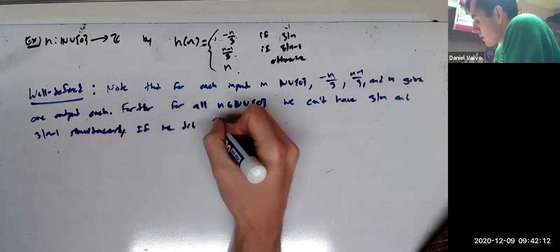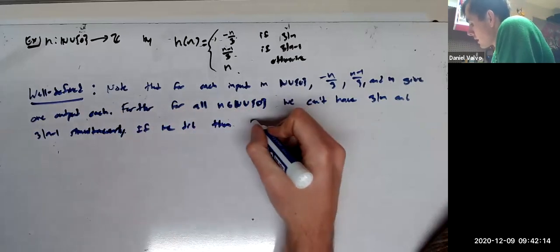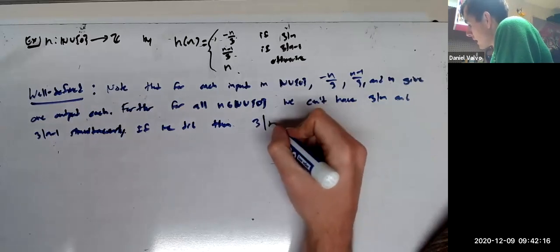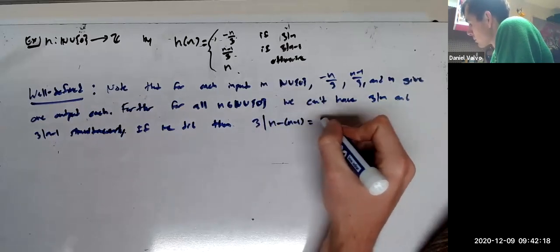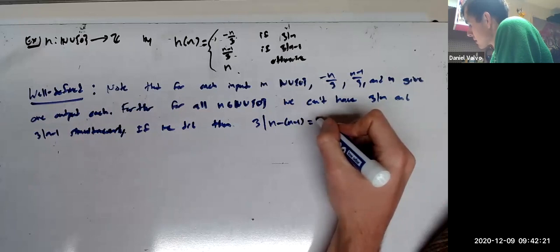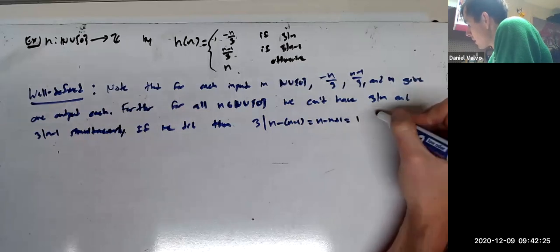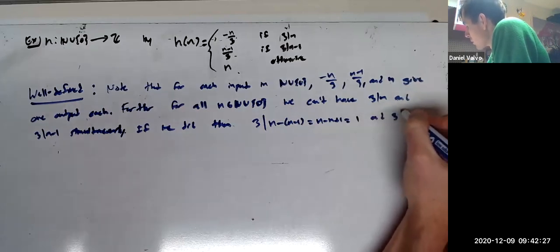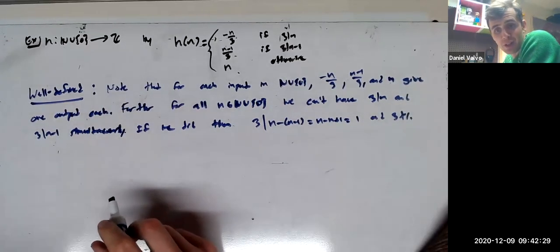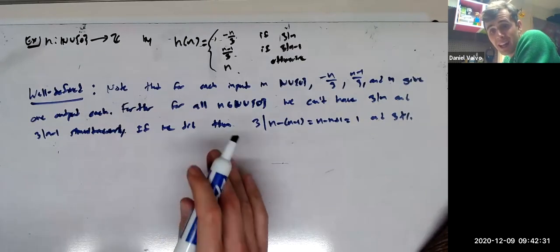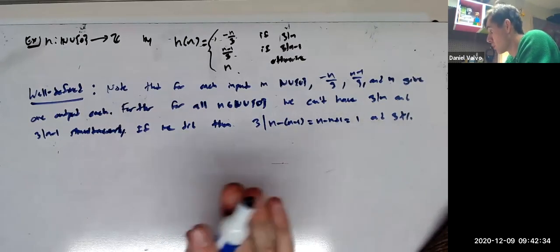If we did, then 3 would divide n minus n minus 1, which equals n minus n plus 1, which equals 1. And 3 does not divide 1. So there's like a little contradiction there. If 3 divided n and n minus 1 simultaneously, we'd find 3 divides 1, which is not the case.